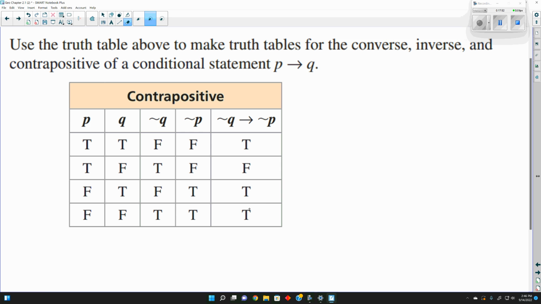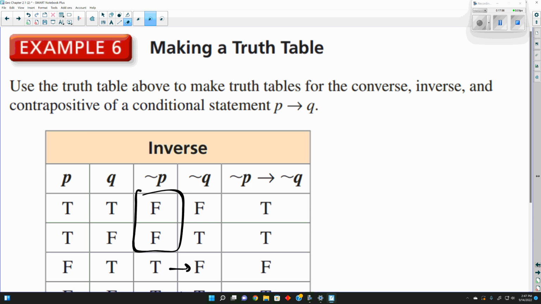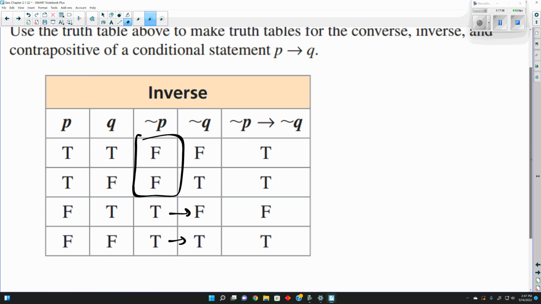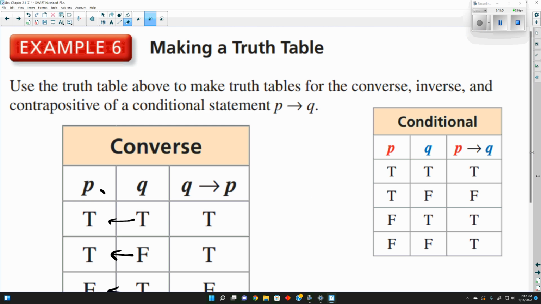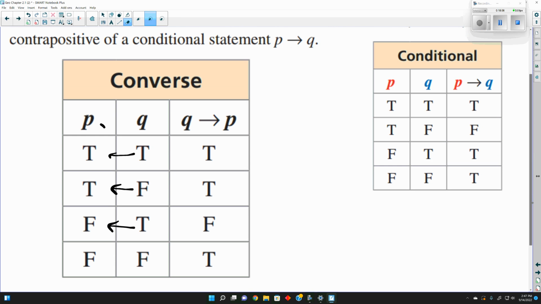This here is just proving that, because those two will have the same. Now, if we look at the inverse, it was true, true, false, true, yes? What were the values for the converse? True, true, false, true. Because again, we said the inverse and the converse will always have the same truth value. And again, this is kind of showing why.